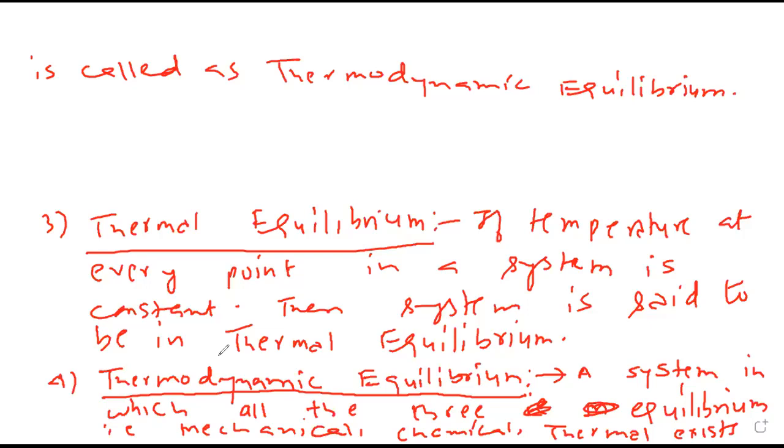Done? Okay. Now see, one process we did yesterday. Which process did we do last class? Thermal equilibrium process, or isothermal process. Now today we are doing the isobaric process.